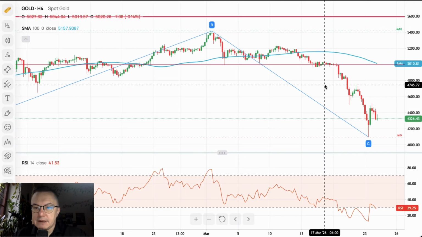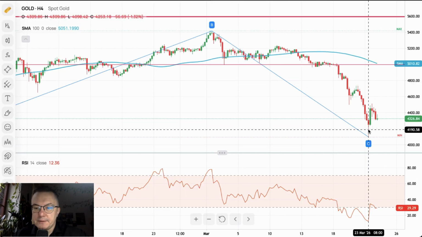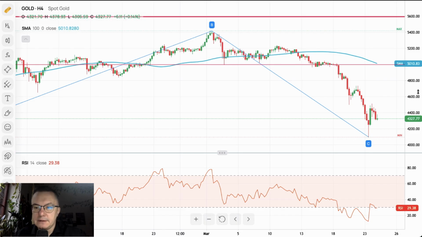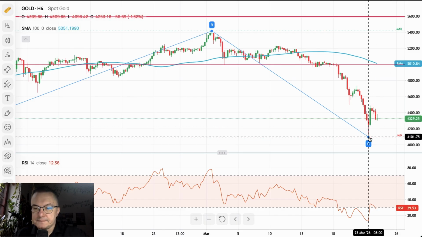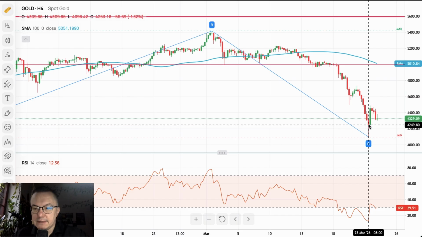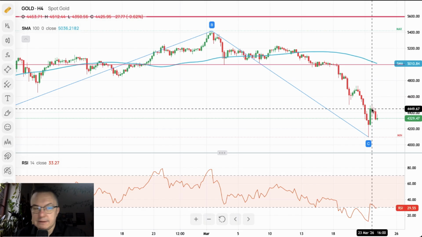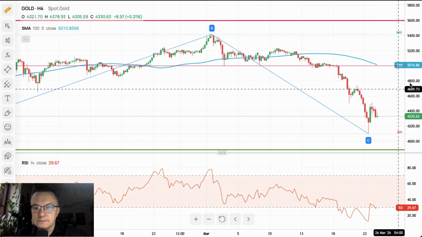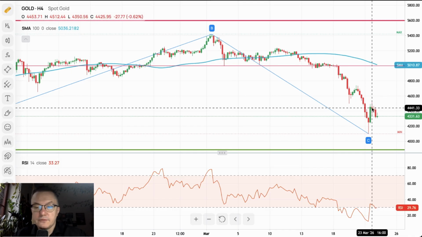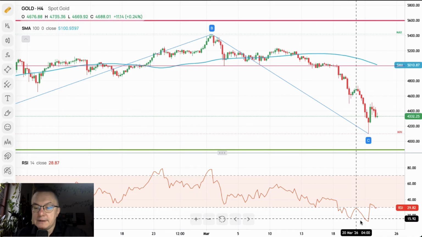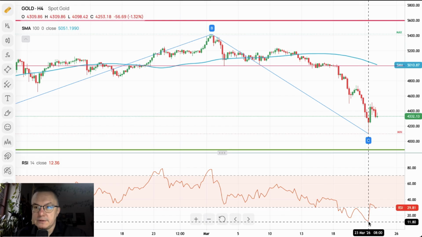Gold market smashed down to 4,090. Right now it is trying to bounce. As you can see, a very nice pin bar here at the end of the move. Bullish engulfing. Nevertheless, it went only to 4,512, but the market is trying to move back up into very specific, extremely oversold conditions.